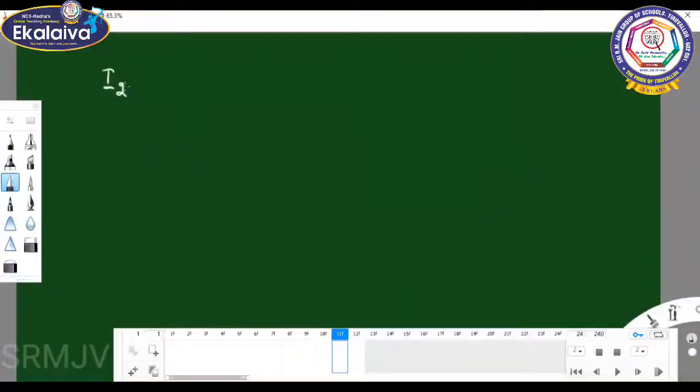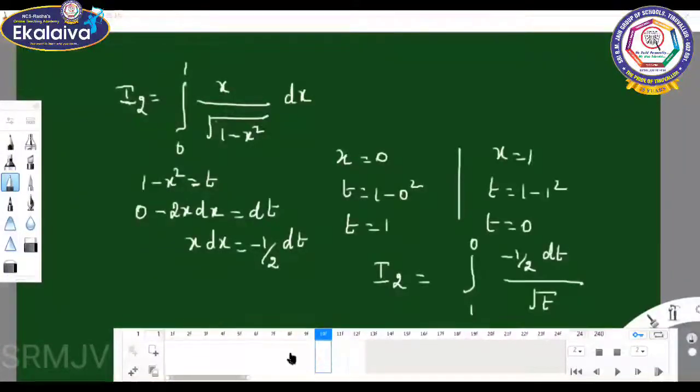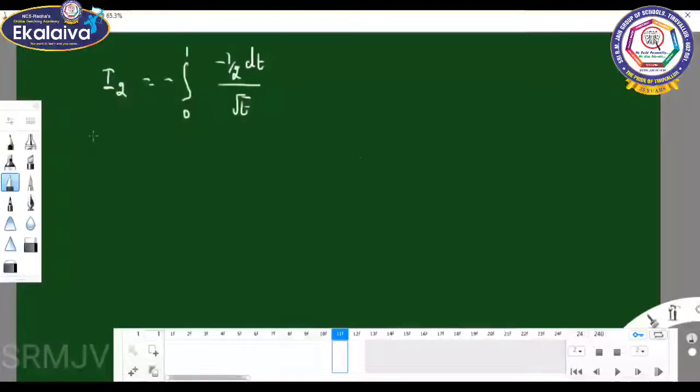I2 equal to minus integral 0 to 1 of minus 1 by 2 dt by root t. Minus into minus is plus. If you don't apply the property also, you can get the same answer.